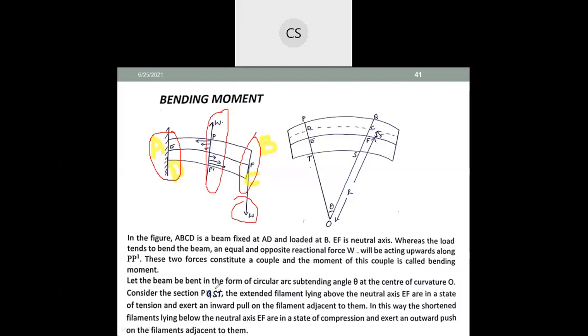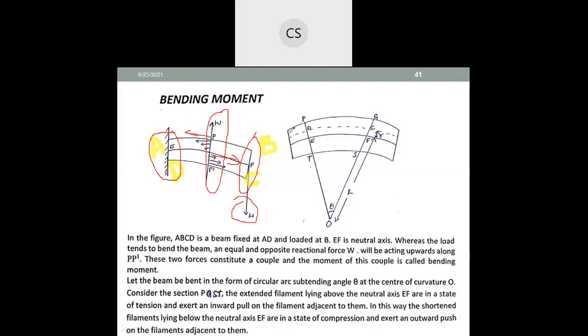At this point you can see that when you bend the beam, one set of force is acting in this direction, another set of force is acting in this direction. So two opposite forces are acting, which forms a couple.